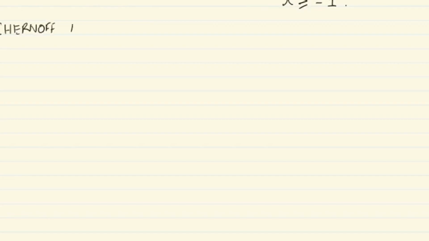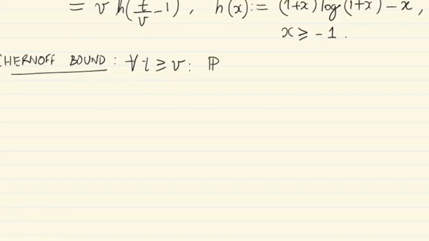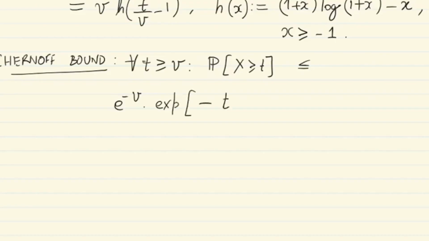So the Chernoff bound for a Poisson reads as follows. We have for all t greater than or equal to v, the probability that X is greater than or equal to t is less than or equal to e raised to minus v into e raised to minus t times log t by v minus 1.